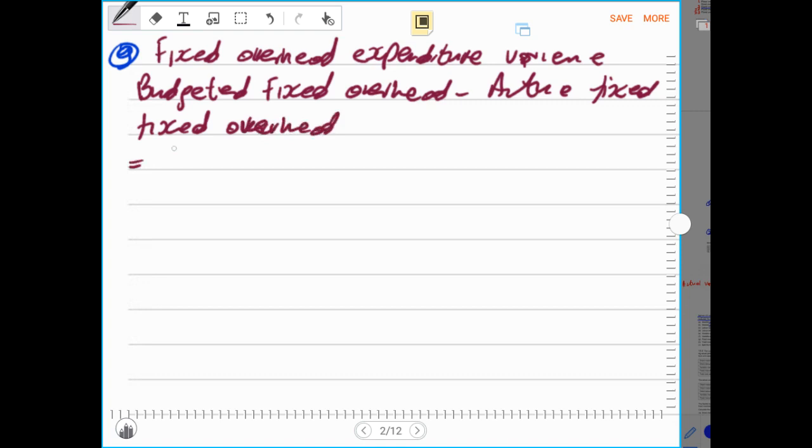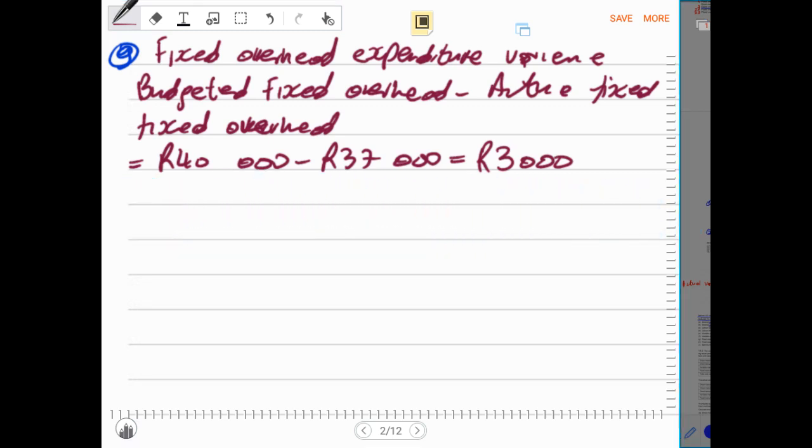And we know that our budgeted, I think it was 40,000. Our actual was 37,000. I'll just do a cross reference. I previously calculated it, and it led to a favorable variance of 3,000. I'm not sure if I said previously it was favorable or unfavorable.